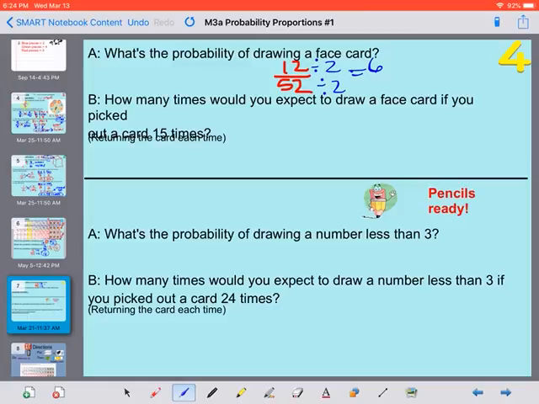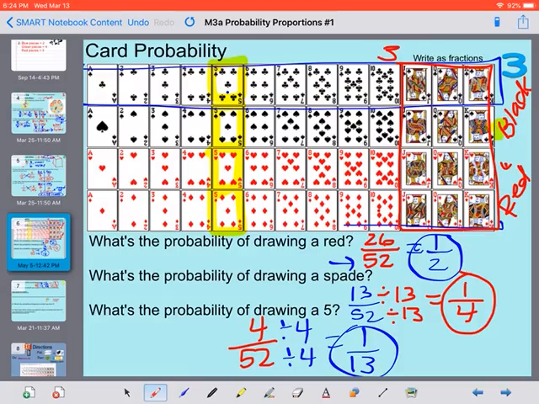That gives us 6 out of 26. Still both even. We can divide by 2 again. And we get 3 out of 13. 3 out of every 13 cards is a face card, which makes sense because if you think of one suit, 3 out of 13 have a face.